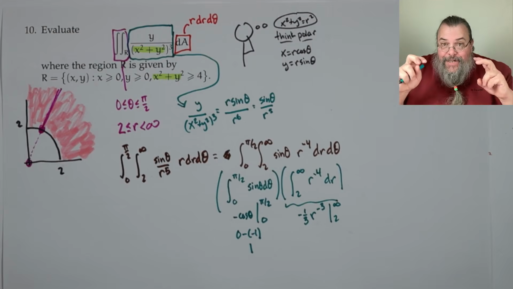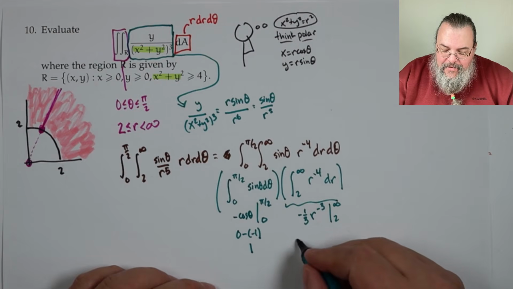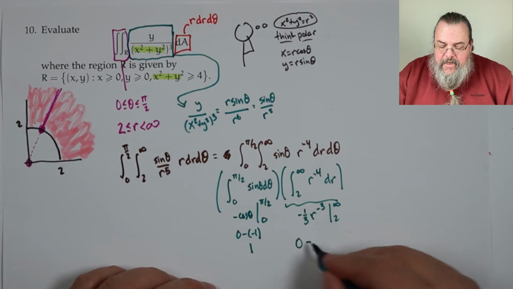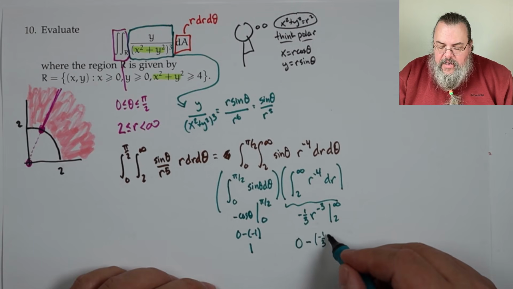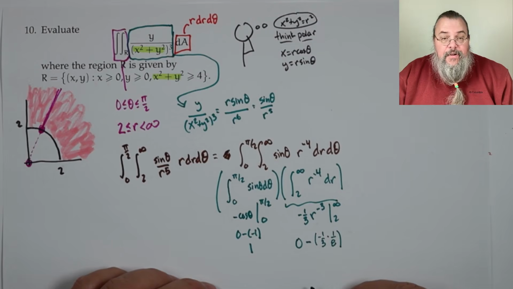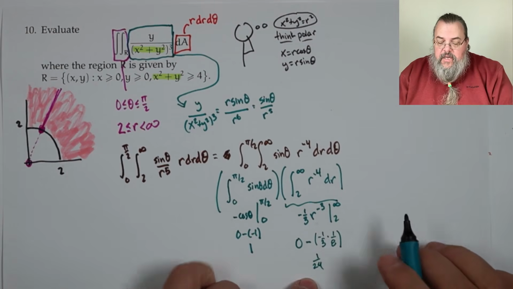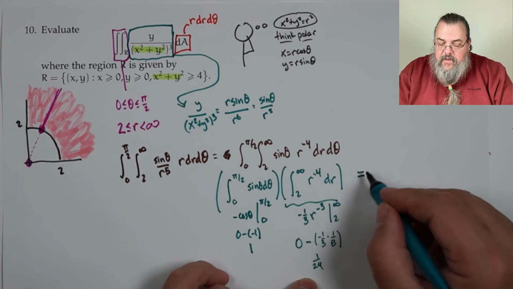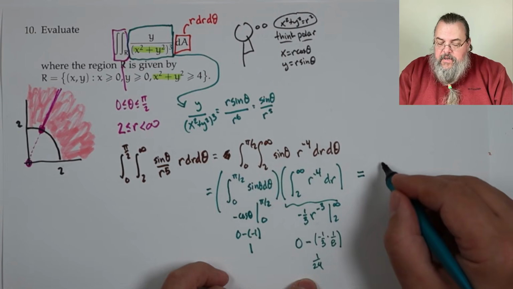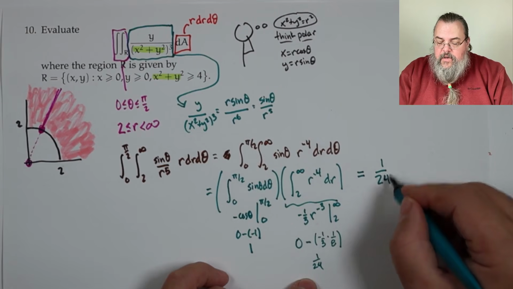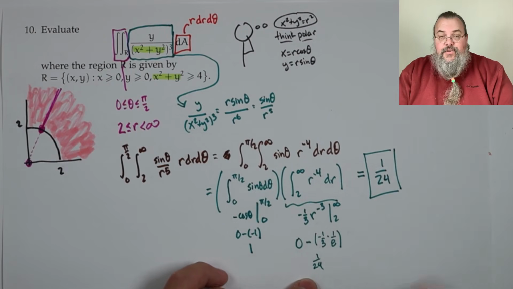So plugging in infinity gives us 0. Minus, and here we have minus 1/3 times 2 to negative 3, which is 1 over 8. Minus minus makes a plus, and so this part gives us 1 over 24. Multiply those together, and we get our final answer, 1 over 24.